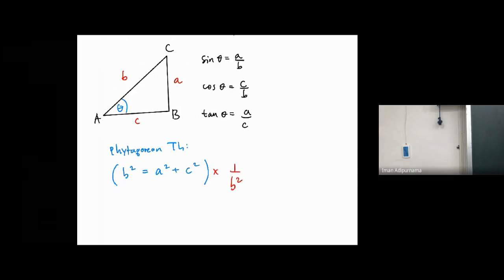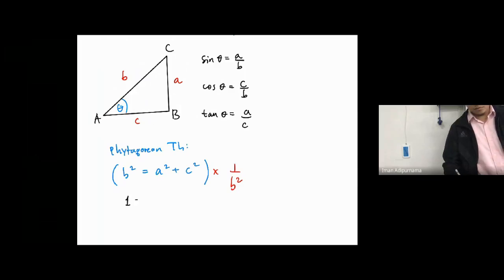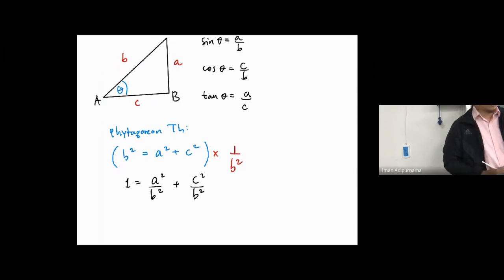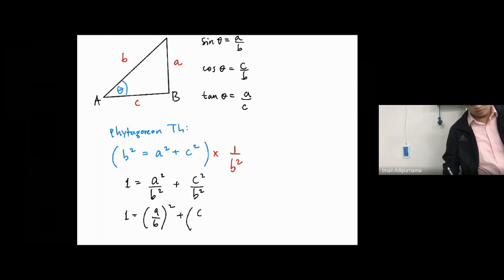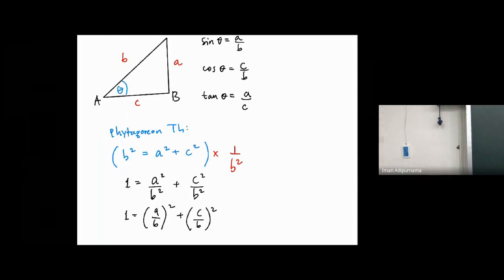So this will be 1, and this will be A squared over B squared plus C squared over B squared. I can also rewrite this as 1 equals (A over B) squared plus (C over B) squared, which is our sine and cosine.